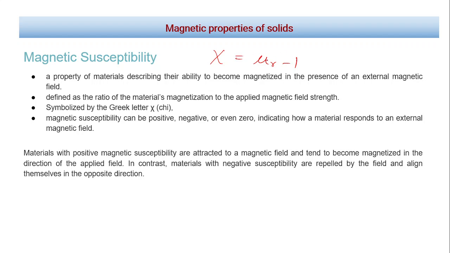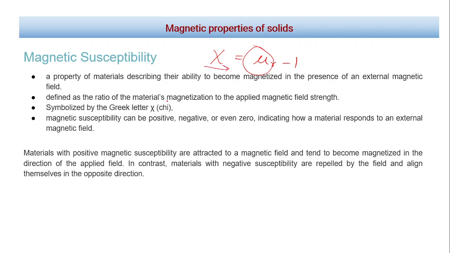That's why these two parameters are related and similar: if susceptibility is higher, ultimately the material will get magnetized very easily, and the same with permeability. But usually with permeability we define how easily the material lets the lines of force pass through it, and susceptibility is how easily it will get magnetized.